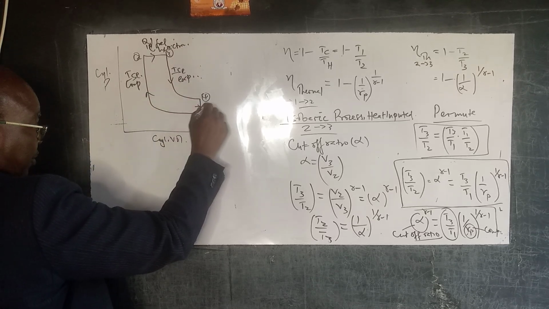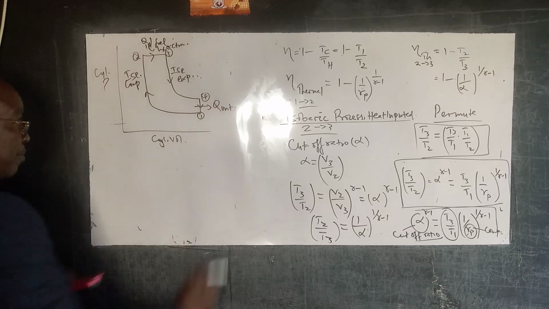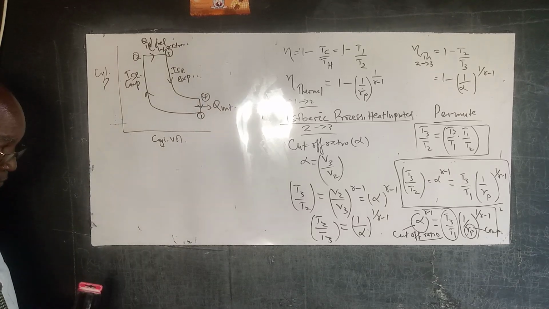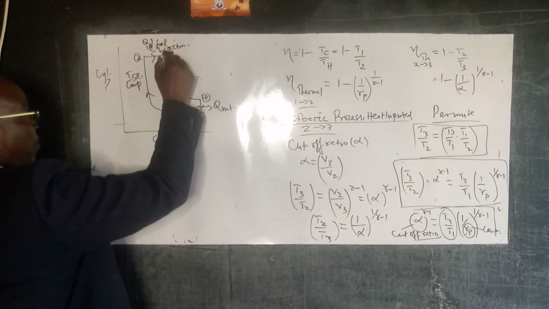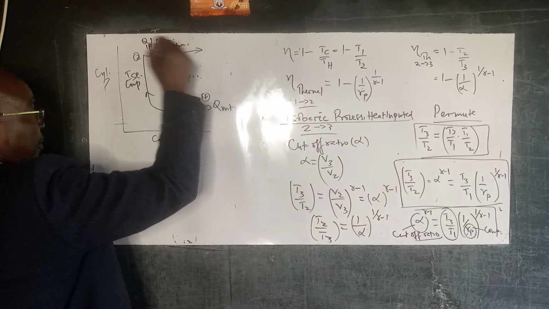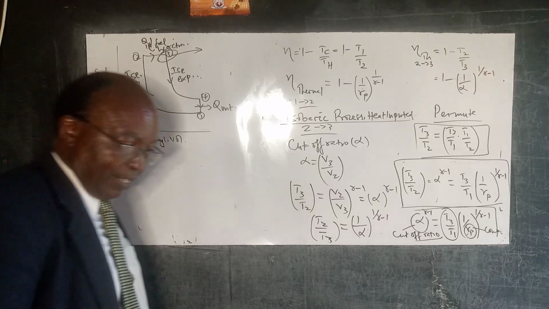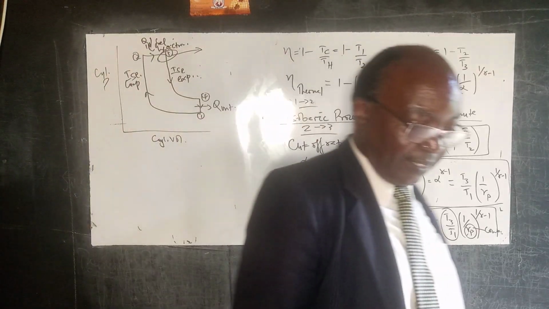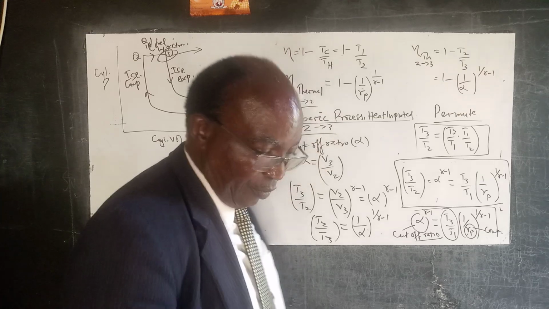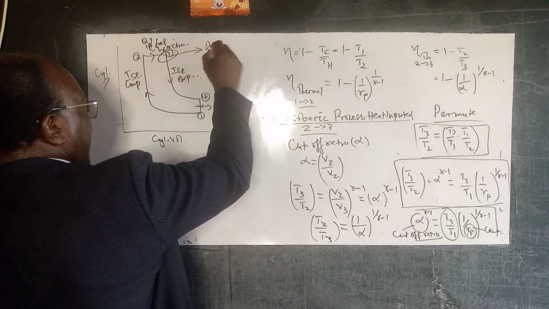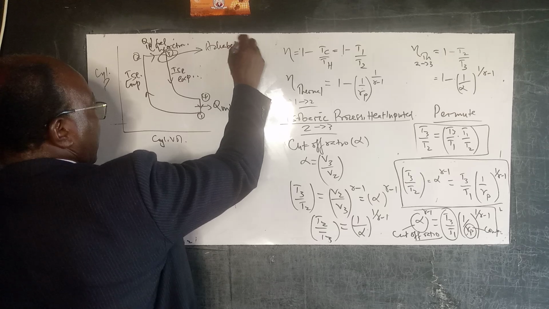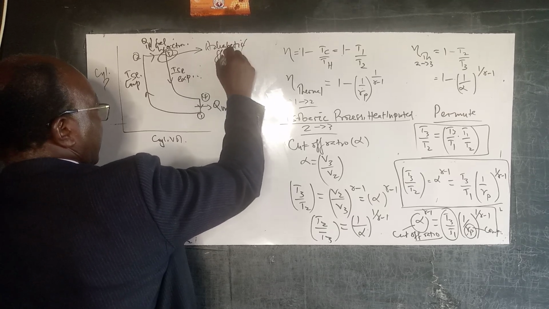And here we have the exhaust Q out. Now, look at T3 and T1. T3 corresponds to this point. That is the temperature of that fuel when it is ignited. We can call it the adiabatic or flame temperature.